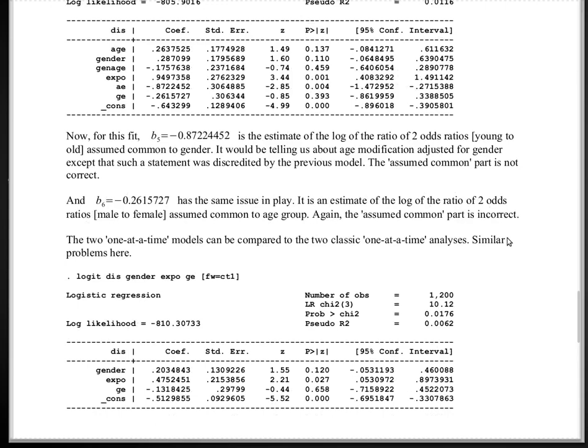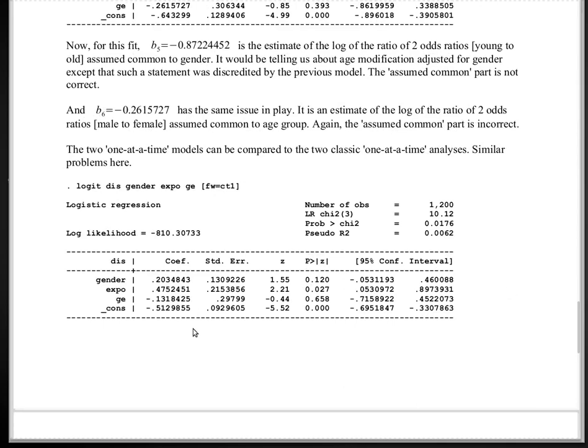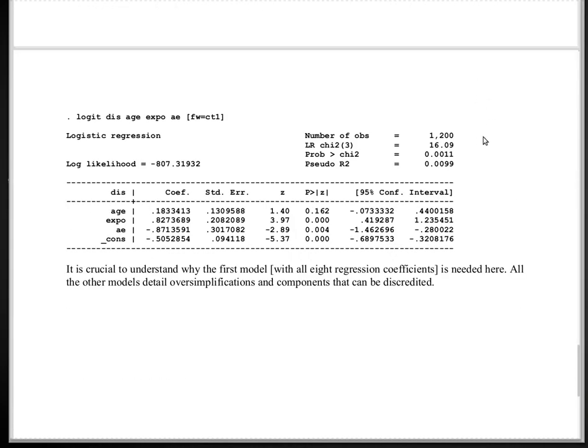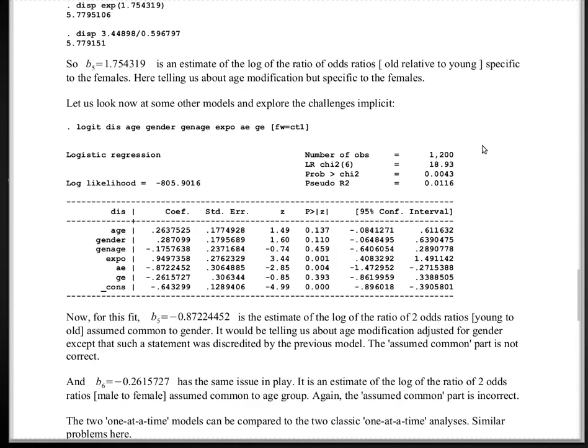The same challenges apply to the two one-at-a-time models. In fact, you may wish to compare the results you get here with the one-at-a-time classical analyses that we did initially in session 2 and are reproduced up above in the slides. Sure enough, we get the right coefficients insofar as they correspond to the corresponding stratified analyses, but neither of them are right. They're both incorrect. They're both discredited. So none of these later analyses are of any merit.